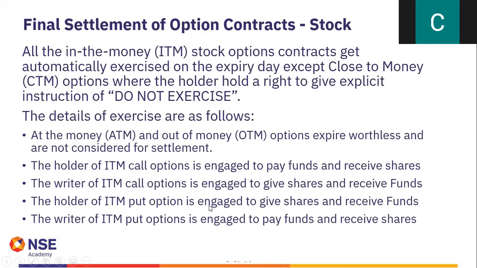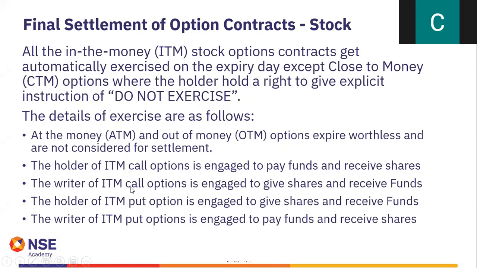That was index. Now this will be stock. Now coming to stock, as I told, for stock options, there is nothing like cash settle, it will be physically settled. So the shares will be delivered. So obviously ATM, OTM will expire worthless and will not be considered for settlement. So the holder of ITM call option is engaged to pay funds and receive shares.